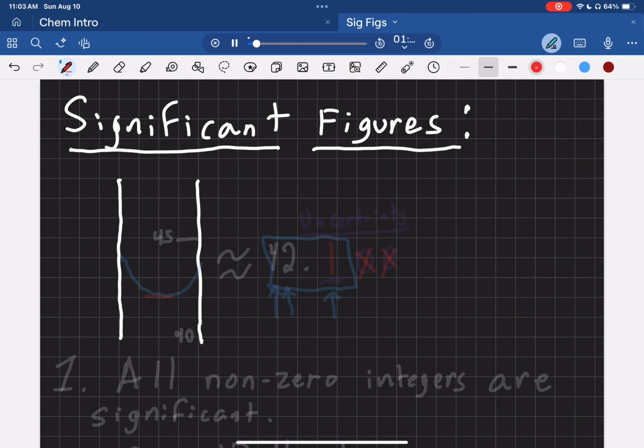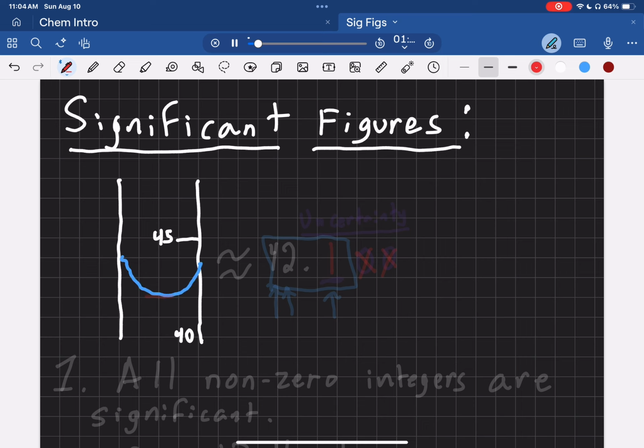So as we discussed, if we have a graduated cylinder measured at 45 milliliters, and then it goes by one, so 44, 43, 42, 41, and then 40 down here, right? And let's say we read the watermark right at the meniscus and we see it right here.